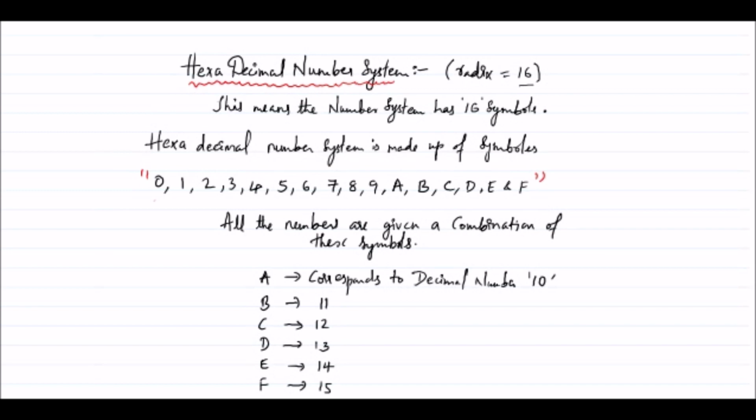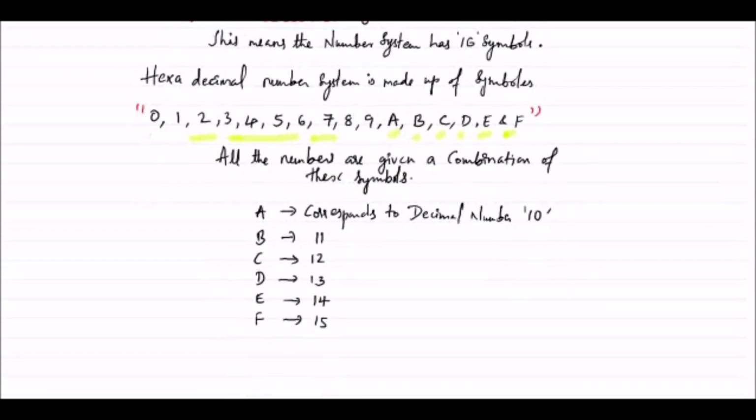We can see the numbers are like the decimal number system, and from 10 onwards it will be represented as A, B, C, D, E, F. So whatever numbers are in hexadecimal will be represented from 0 to F.